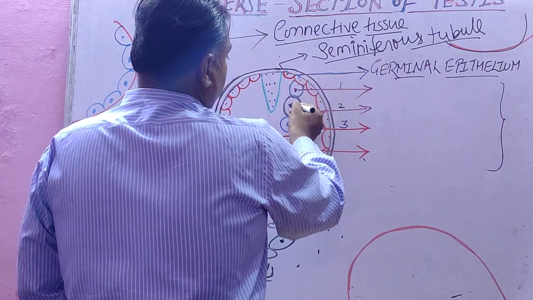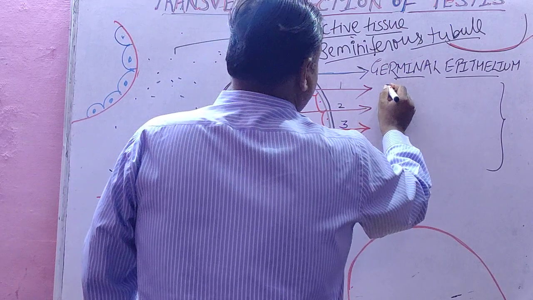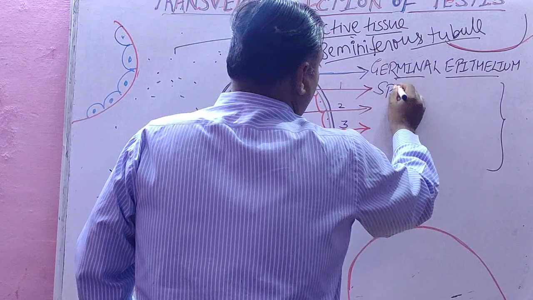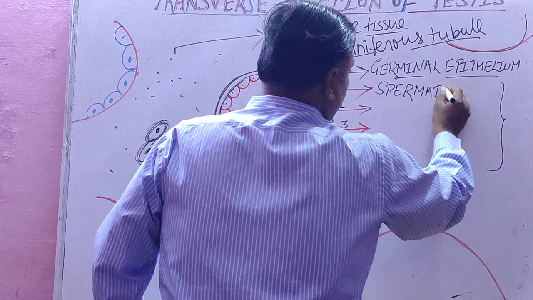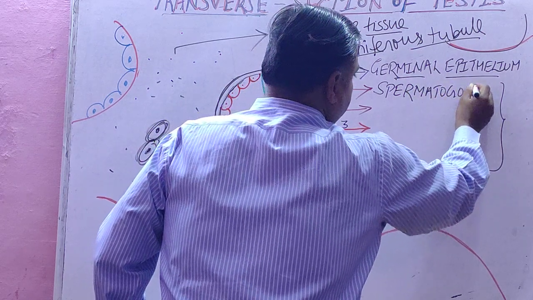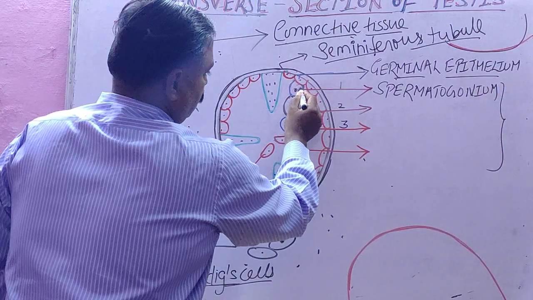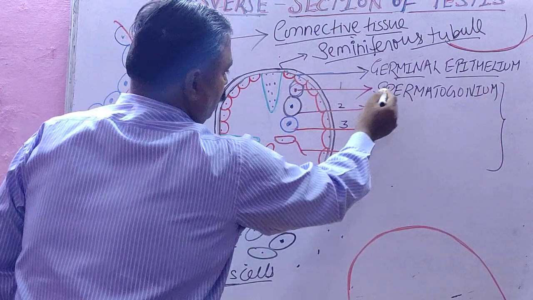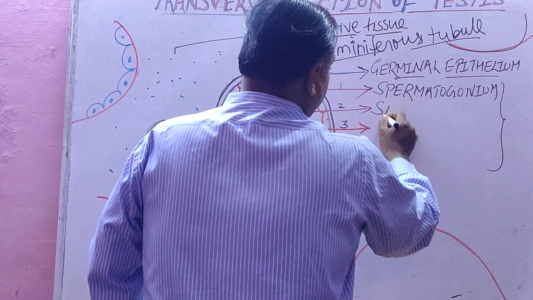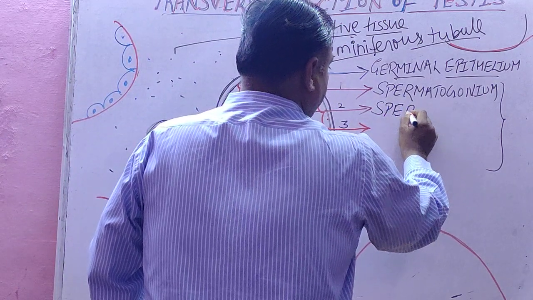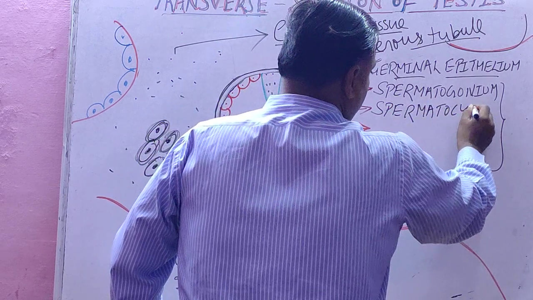Now during spermatogenesis, this germinal epithelium will divide to produce spermatogonium. This one, number 1, the blue one, is spermatogonium, and then that will divide to form spermatocyte.